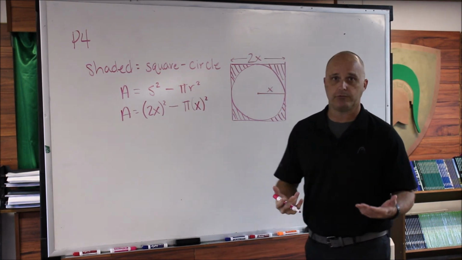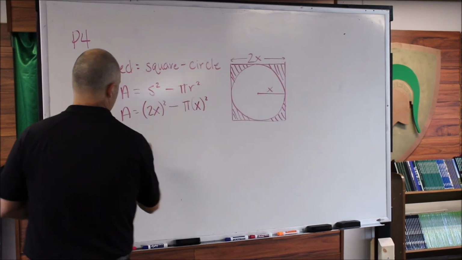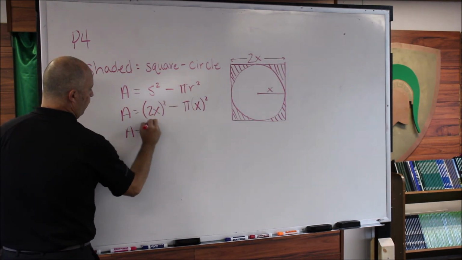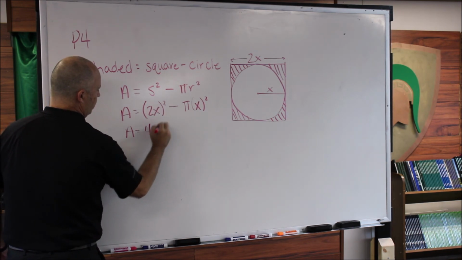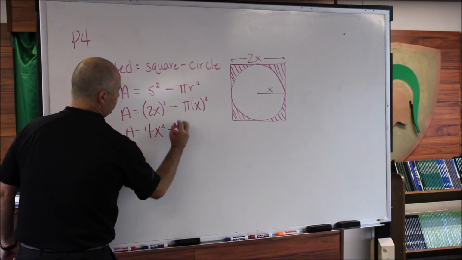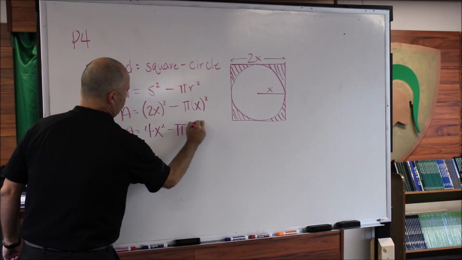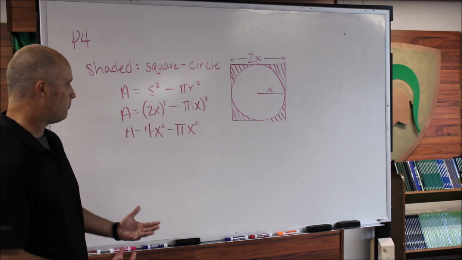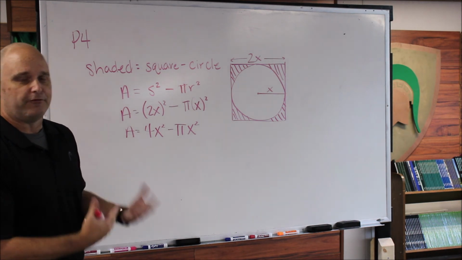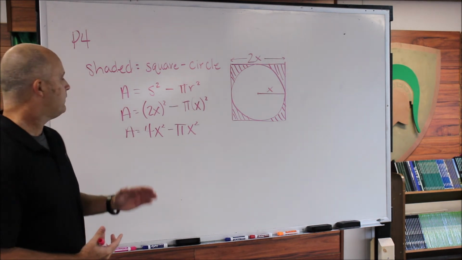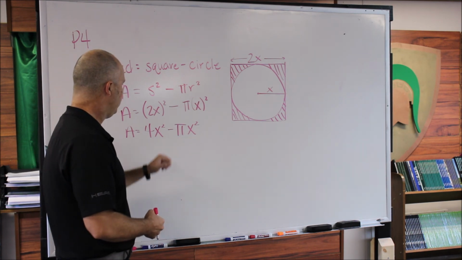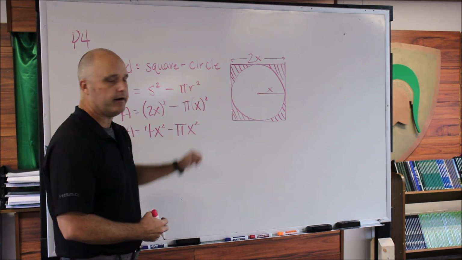So now we just have to go through and start simplifying a little bit. So we get A equals 2 squared is 4, and then x squared is x squared, minus pi x squared. So you might think that we're done here, but we're actually not. We need to simplify this a little bit more. What you can see is that our coefficients are a 4 and a pi, and our variables are an x squared and an x squared.